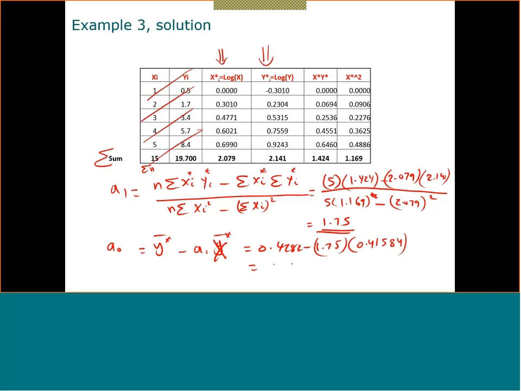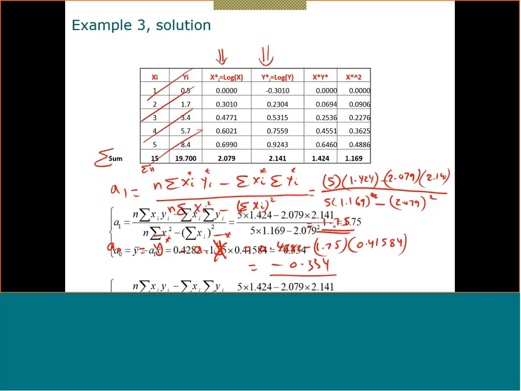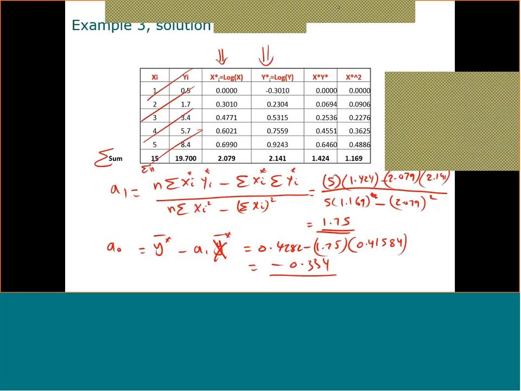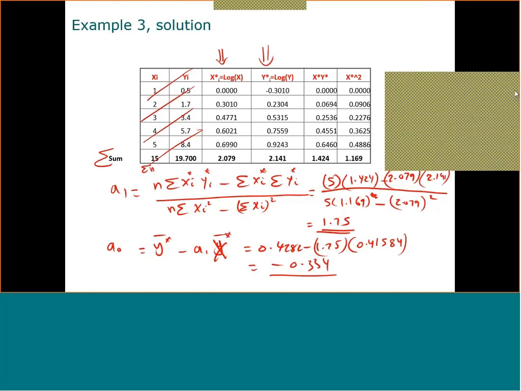Before I move on, let me check if you have any questions. Yes, I guess. What happens if after we take the log of x and y, we get the 0, 0 case? Do we use the special case for linear regression?